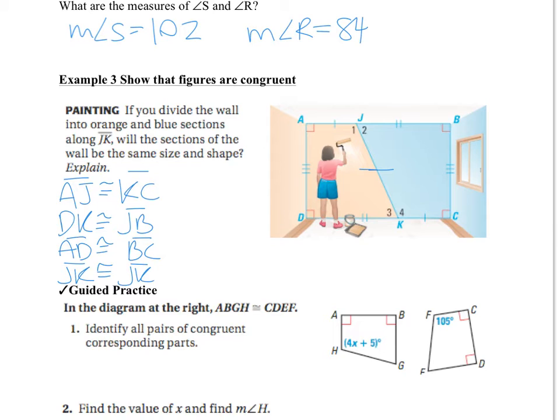So I have angle A congruent to angle C, angle D congruent to angle B. Angle 1 would be congruent to 4, alternate interior angles, and angle 2 would be congruent to 3, alternate interior angles.